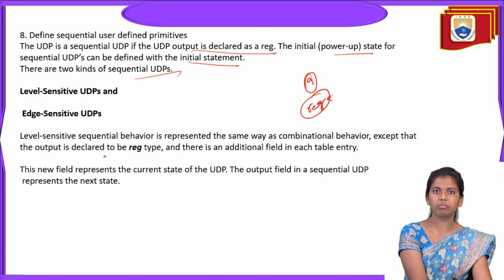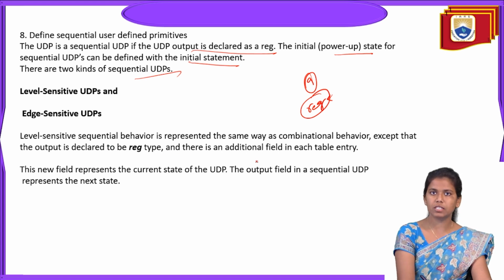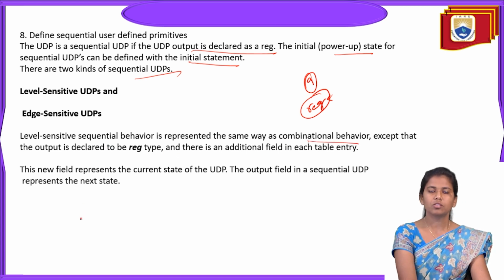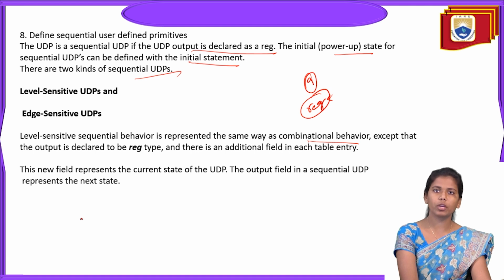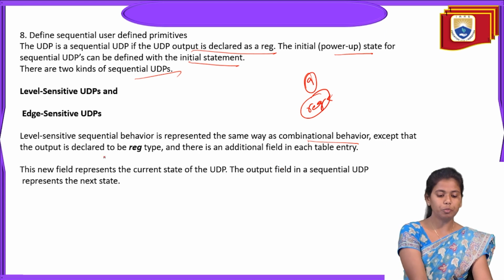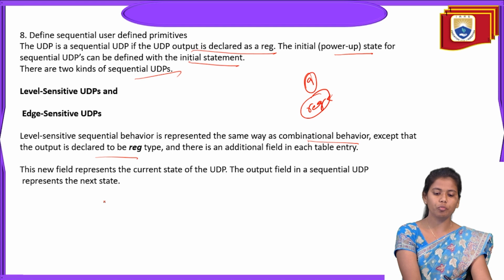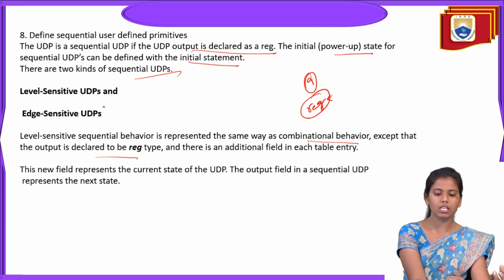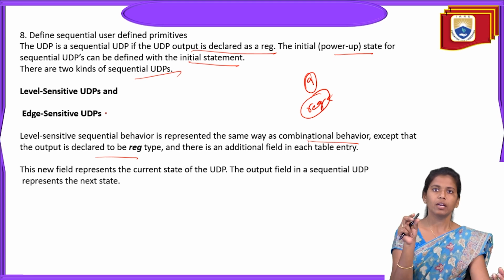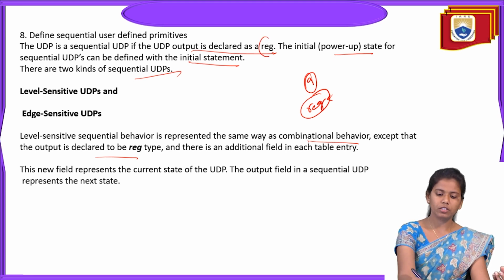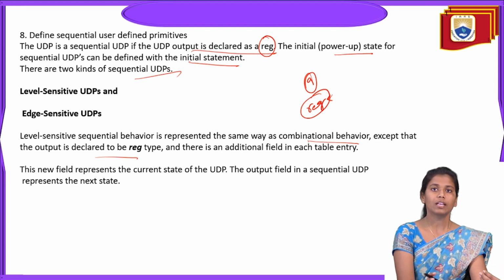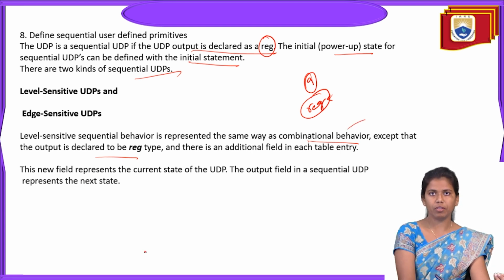Level sensitive sequential behavior is represented the same as combinational behavior, except that the output is declared to be of register type. In sequential UDPs, the output is declared as a register, but the rest we can compare with the combinational behavior.